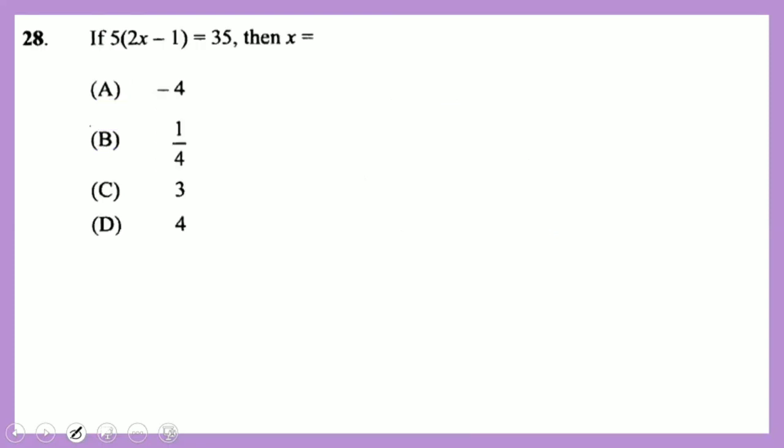Number 28, if 5 times 2x minus 1 equals 35, we're supposed to find x. First thing we want to do is multiply or expand our bracket. So 5 times 2x, that's 10x. 5 times -1, -5 equals 35.